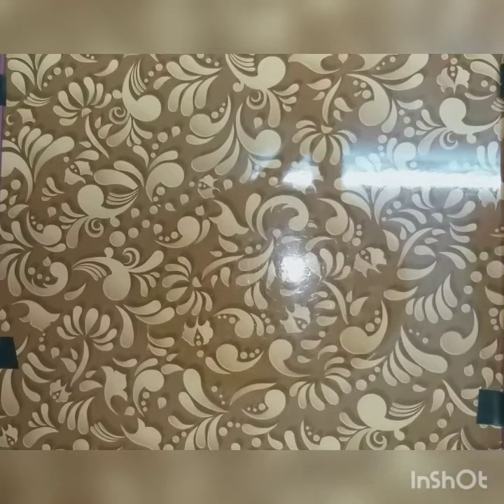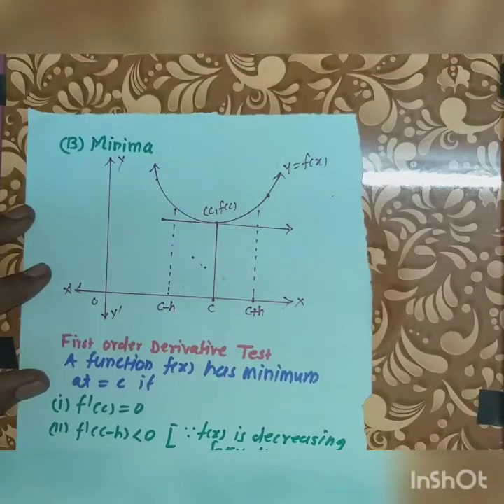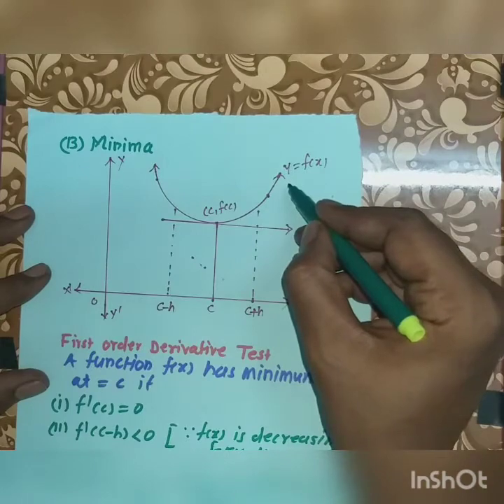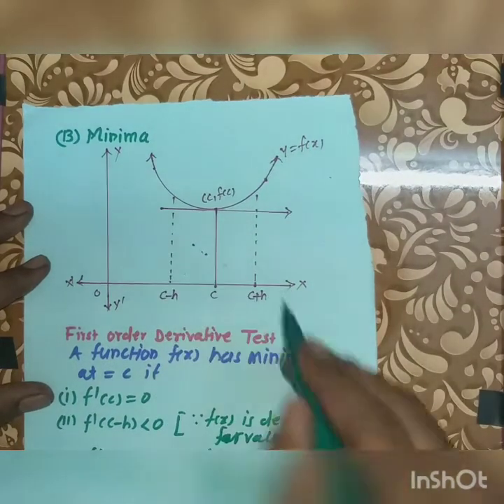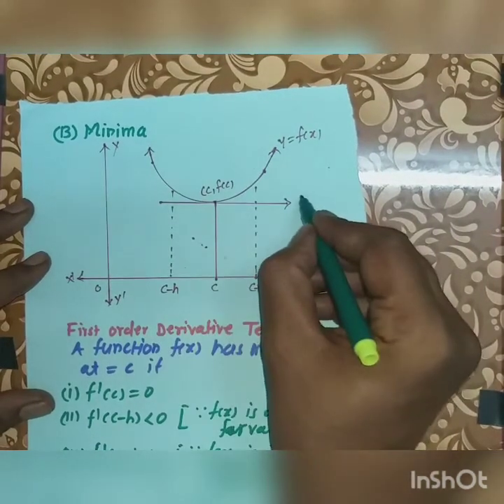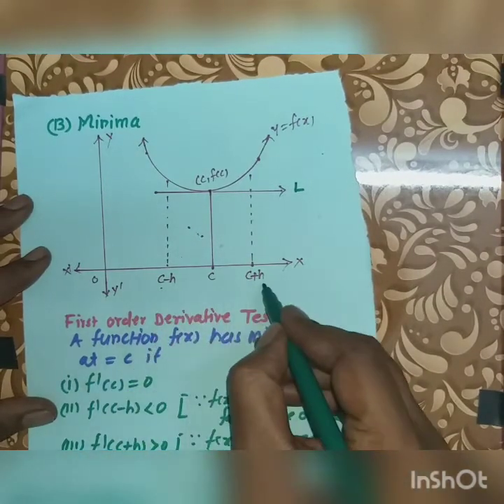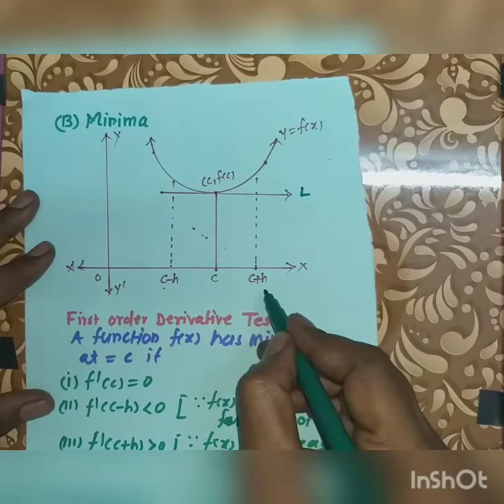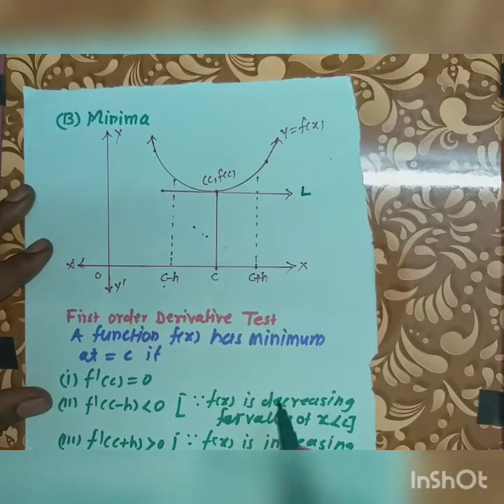Now similarly, the minima. The curve is also the same, but the graph is different. y is equal to f of x is a real valued function, in the upward direction. Now at point C, draw the tangent L. Then again take c minus h and c plus h as the neighborhoods of point C. c minus h is less than c.